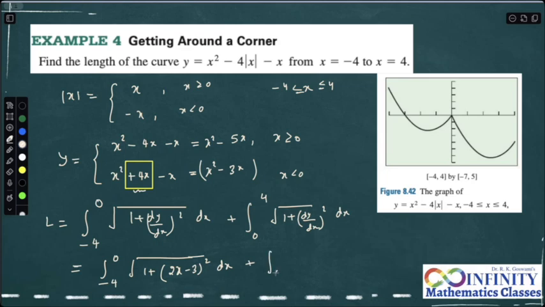Similarly, you will have 0 to 4, and then square root of, what should I write? 1 plus parentheses 2x minus 5. Oh, I made a mistake. Should it be positive only? x squared plus 4x minus x, it should be positive 3x. So that is a mistake from my side. You got it? This is a calculation error.